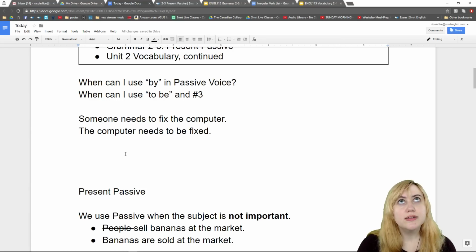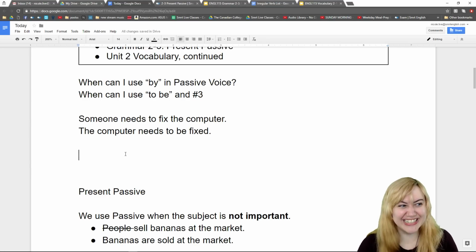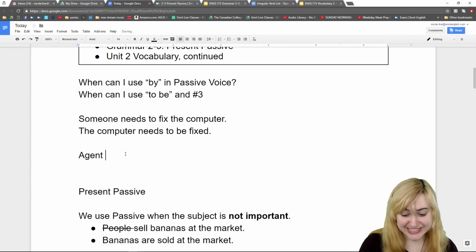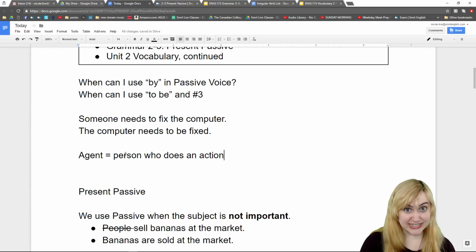So we often explain the word subject as the person who does the action. Actually, that's not 100% true. Really, a better word is agent. An agent is a person who does an action.